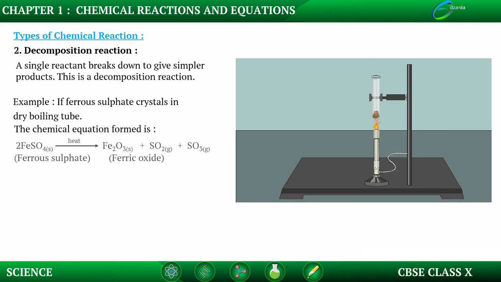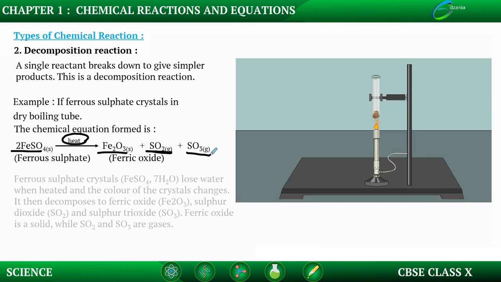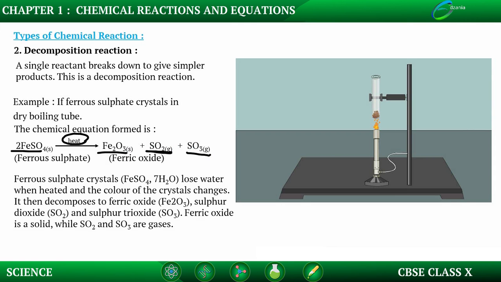Ferrous sulfate, that is our green crystals, when heated gives rise to ferric oxide. As we observed in the experiment, there was the release of gases. Those gases are sulfur dioxide and sulfur trioxide. Why does this happen? Because ferrous sulfate crystals lose water when heated and the color of the crystals changes.